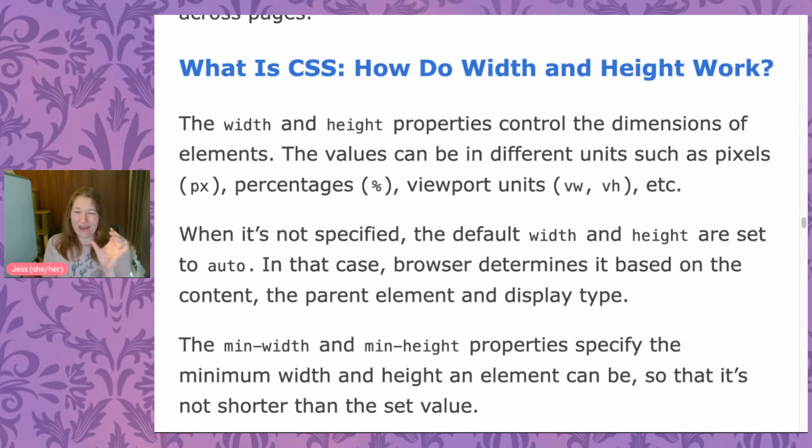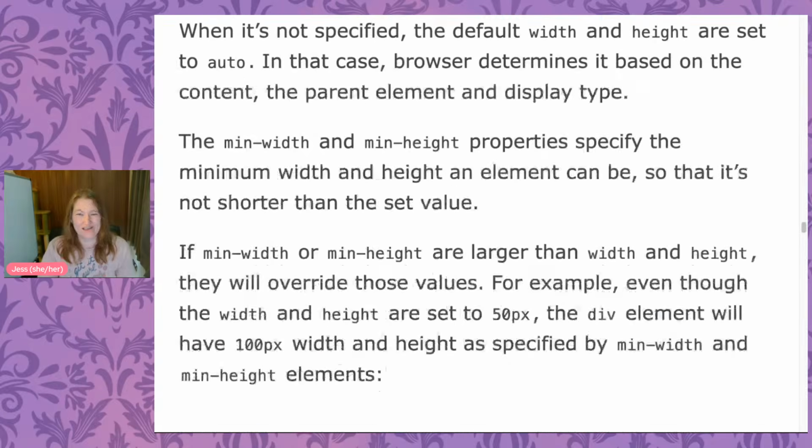The minimum width and minimum height say, please, browser, because all CSS is sort of a polite entreaty to the browser, I'm begging you, when you're displaying this element, don't make it any smaller than this or any shorter than this.